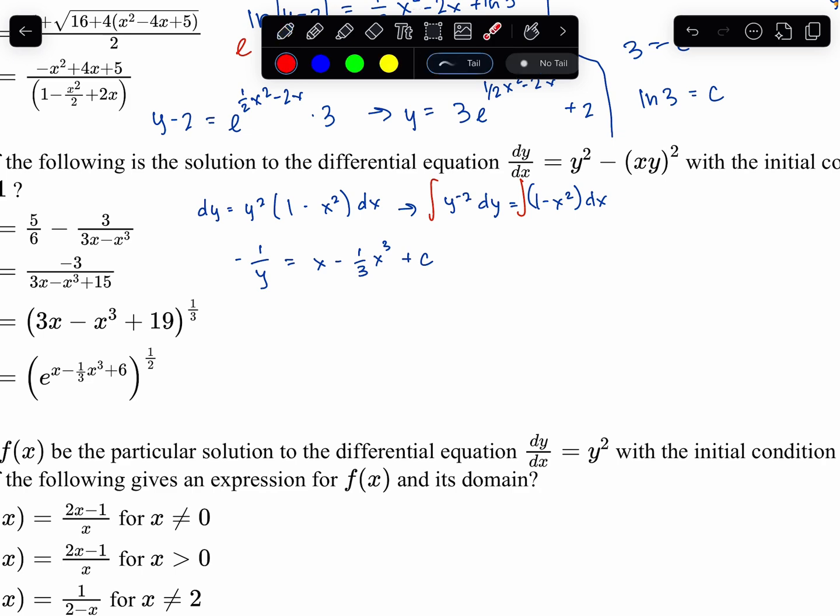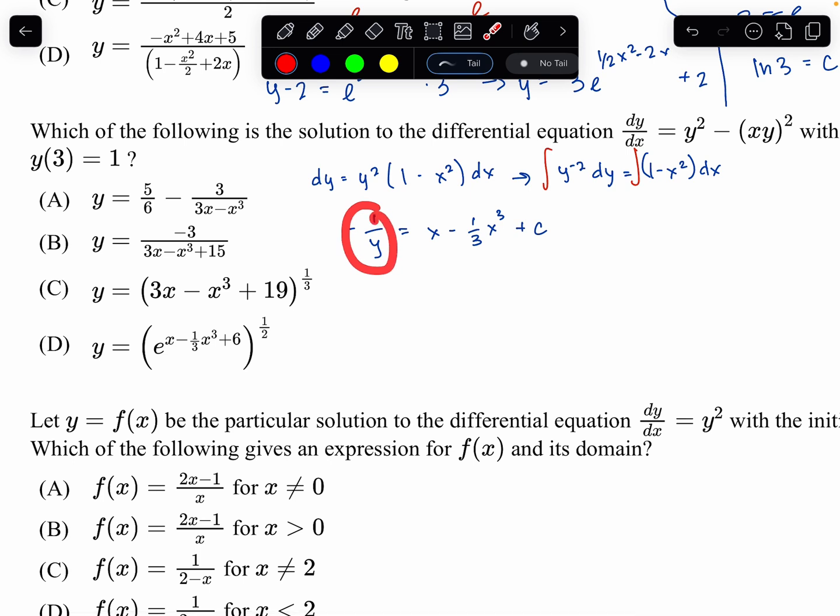Alright. Solving for y is going to be a bit of a pain. So I'm going to plug in my initial condition and solve for c first, though. If I plug in 1 for y, that's going to become negative 1 equal to 3 minus 1/3 times 27 plus c.